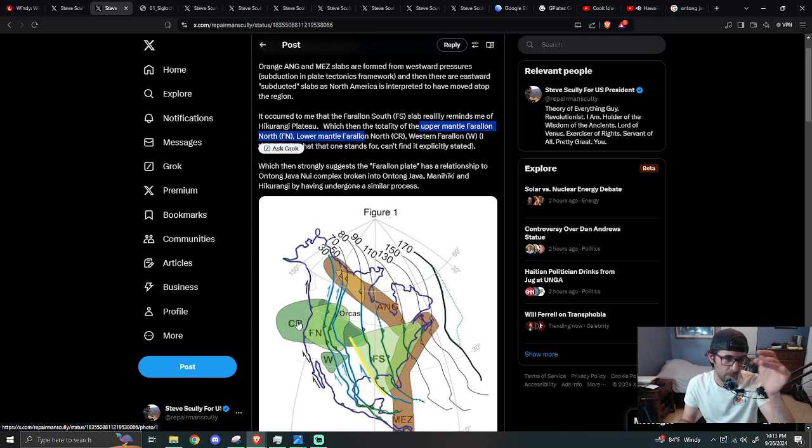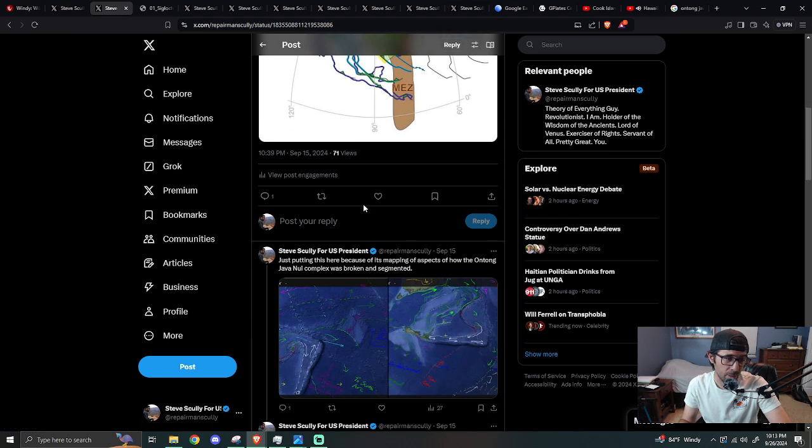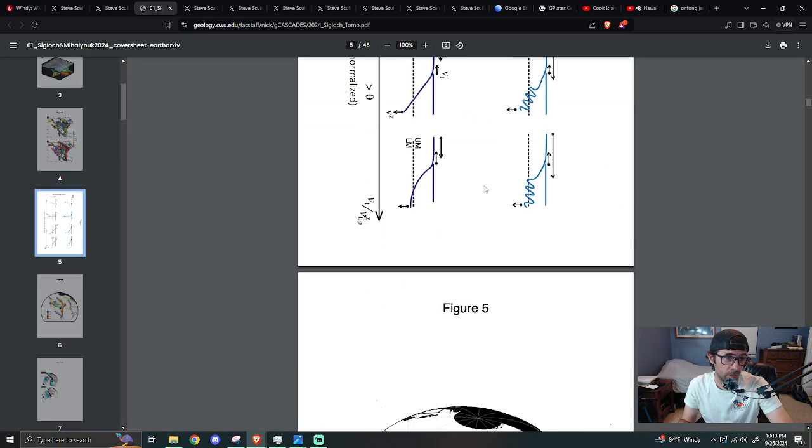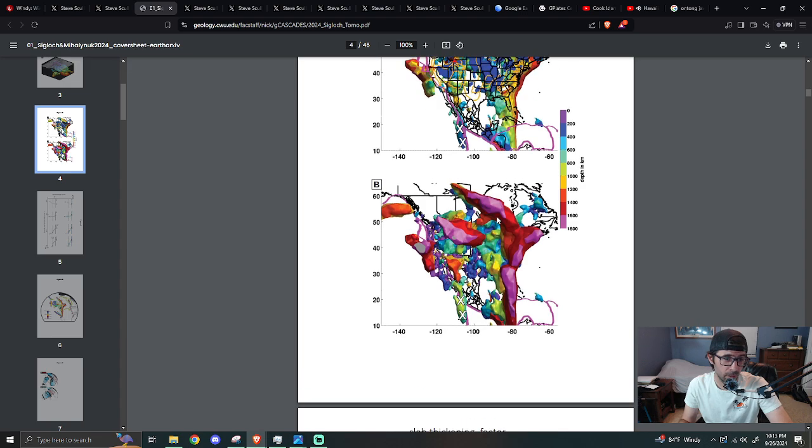So one that's deep, this one doesn't seem to have an upper and lower mantle segment, so it's probably not as bulky. I don't know. Actually, thinking of the images, I don't think that's true. I'm not completely sure though. That might be images of the westward subducting stuff here.